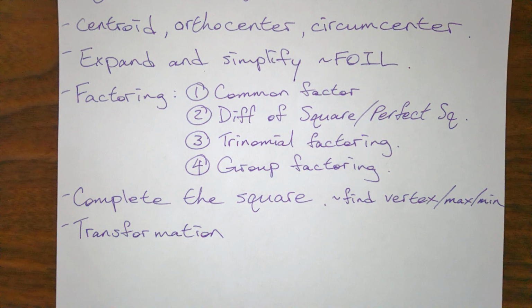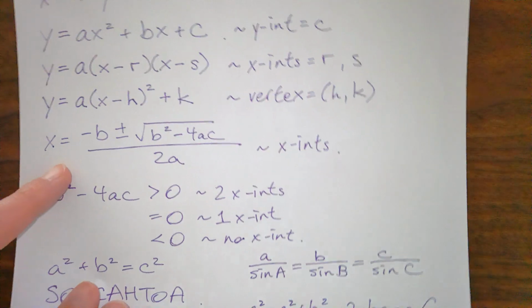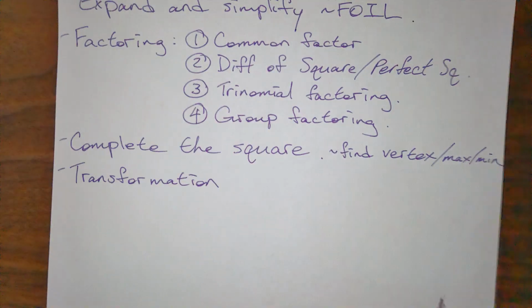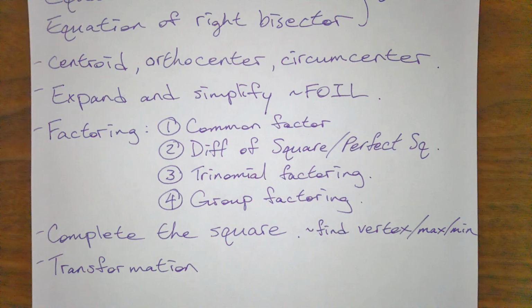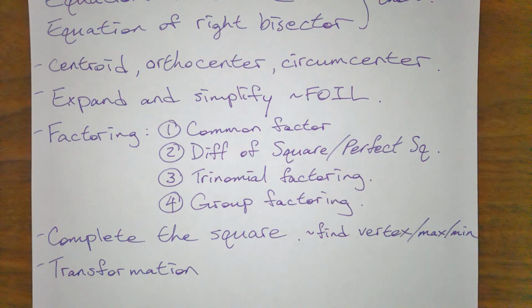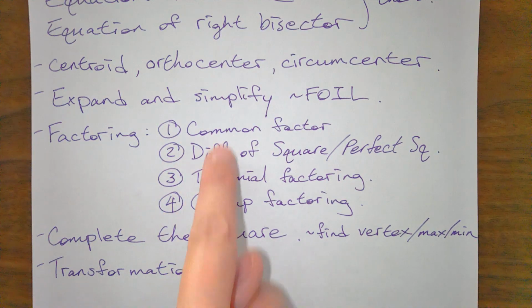Alright. So those are all the formulas and these are all the methods. We need quadratic equations too, right? Quadratic, yeah, but I wrote it here. So these are methods that you need to know.